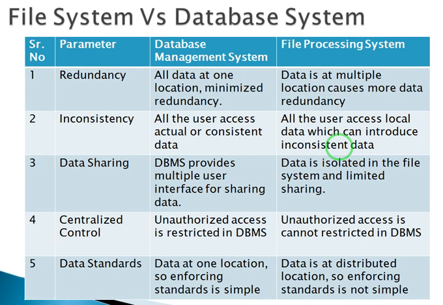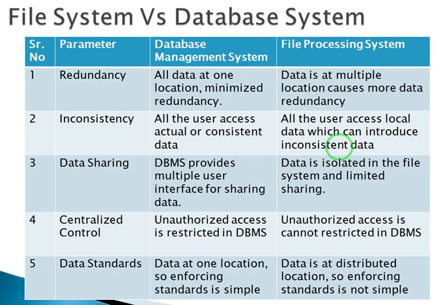But in a database management system, all data is at one location, which minimizes the redundancy effect. What is redundancy? We have already seen this. We now discuss this parameter with respect to database management system and file processing system.